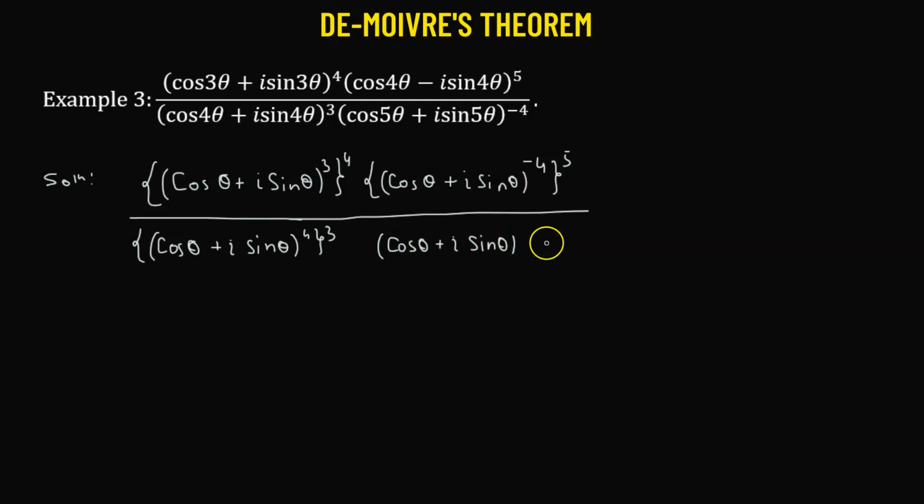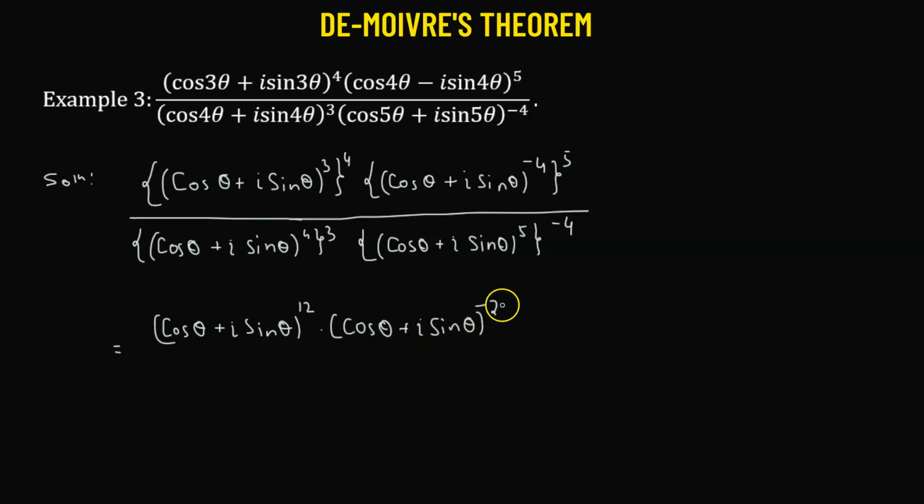This is going to be raised to the power of 5, whole raised to the power of negative 4, which will give us cosine of theta plus iota times sine theta raised to the power of, so 3 times 4 will be 12, multiplied to cosine of theta plus iota times sine theta raised to the power of negative 20, whole divided by cosine of theta plus iota times sine theta raised to the power of 4 times 3, which will be 12.